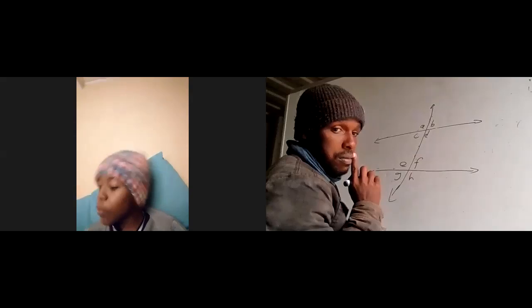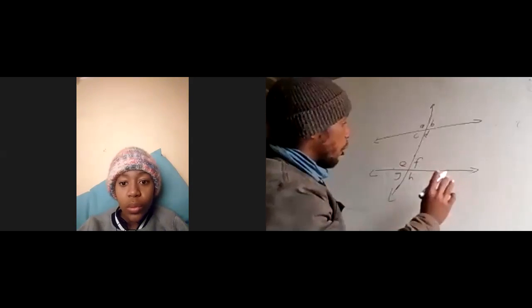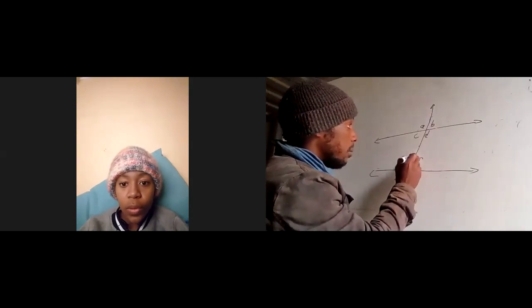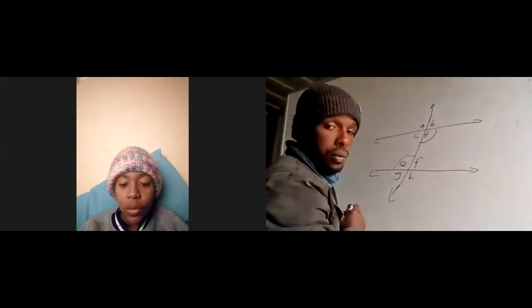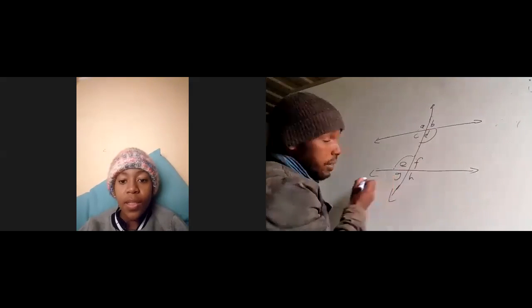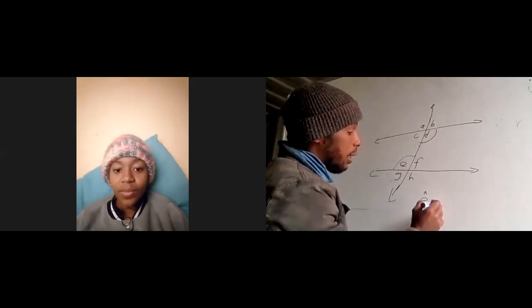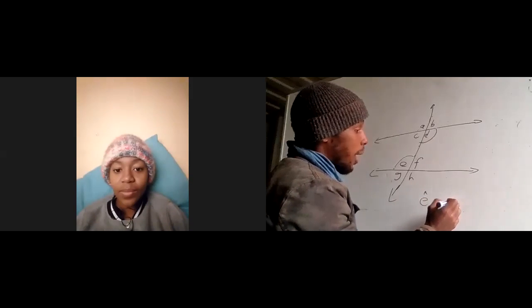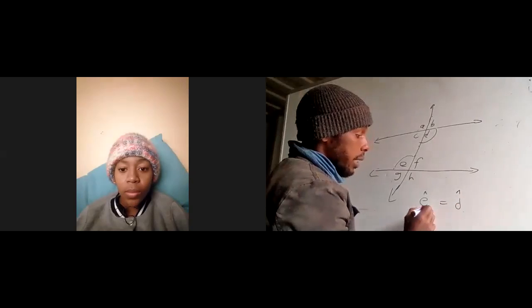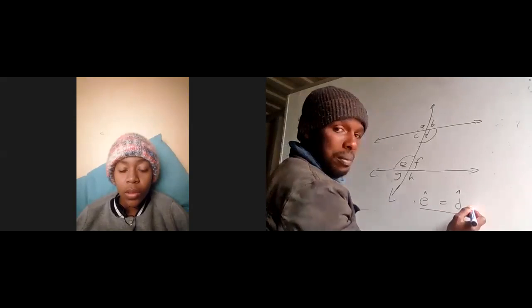What else? If we were to take angle E and angle D, we have to state it: angle E is equal to angle D. Whichever number you are given at E is the same as G according to this rule.